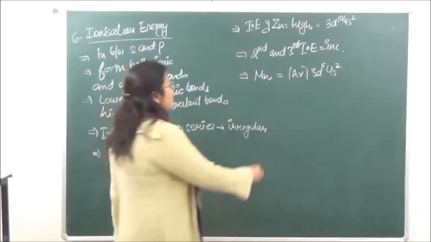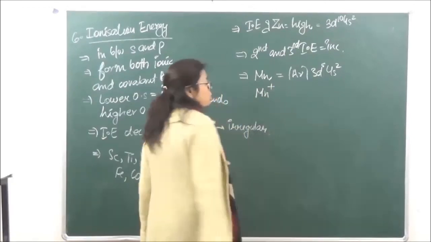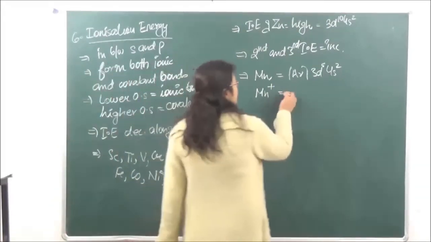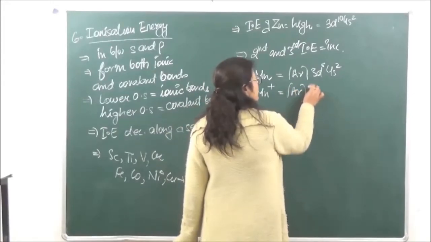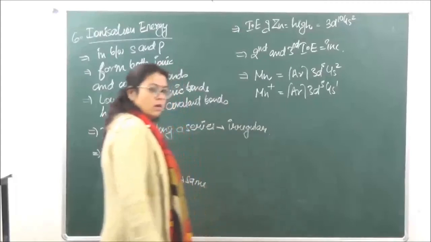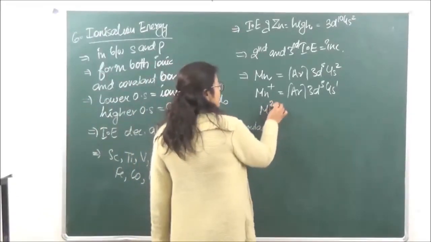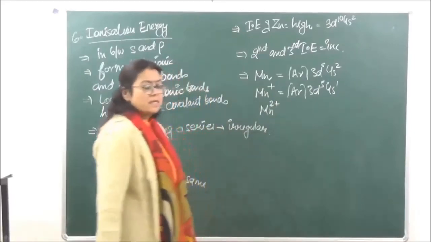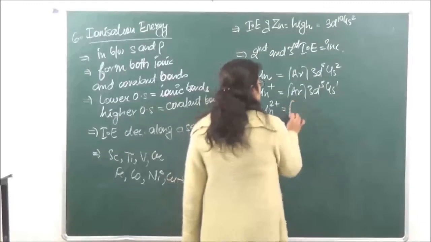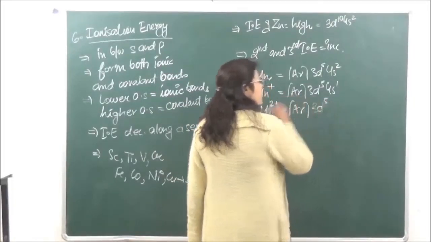So the first ionization energy means we are going to form Mn positive. The electronic configuration of Mn positive will be argon 3d5 4s1. Then the second ionization energy means we are removing another electron, and manganese goes to the Mn2 positive state, argon 3d5.